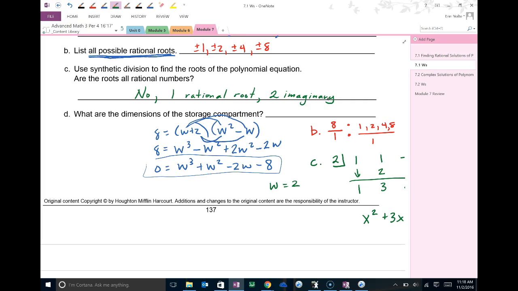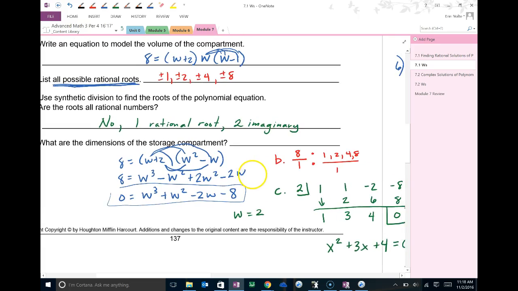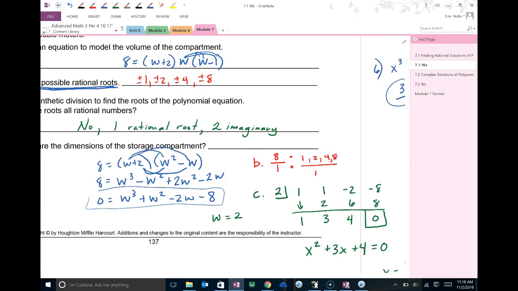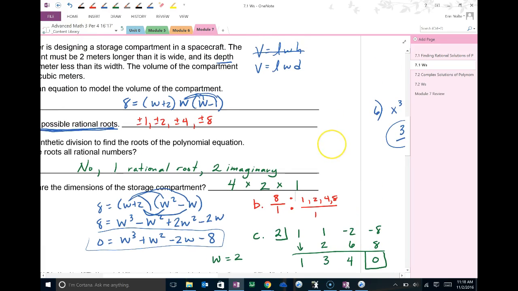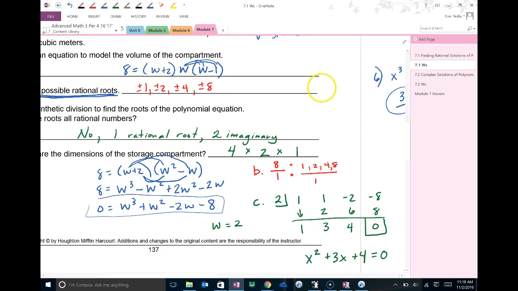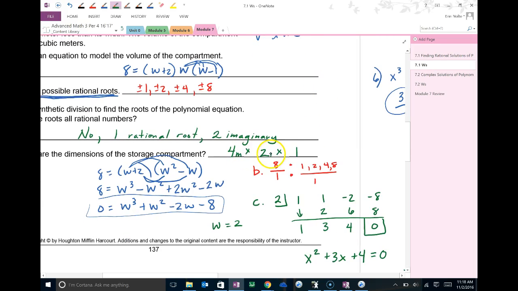So what are the dimensions of my storage compartment? Remember, I have w plus 2 for my length, so 2 plus 2, 4, so I have 4 by my width, which is 2, by my depth, which is w minus 1, by 1. So 4 by 2 by 1, and we're talking about meters, so I better label meters. 4 meters.